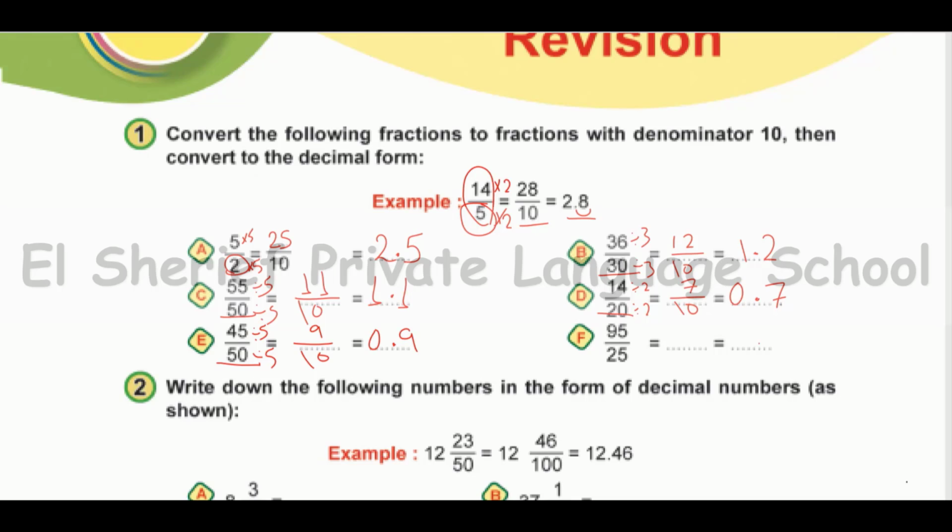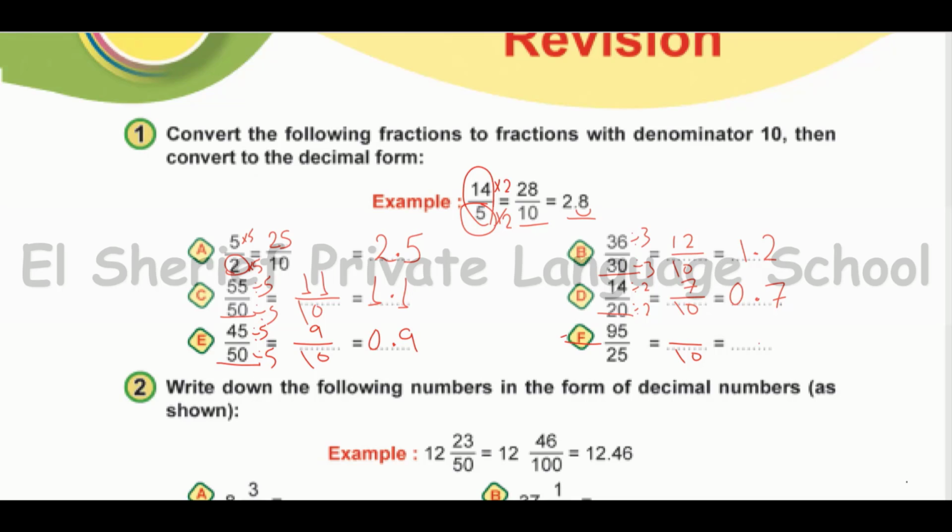The last question we have 95 over 25. But here 25 we can't make the denominator equal 10. What will we do?